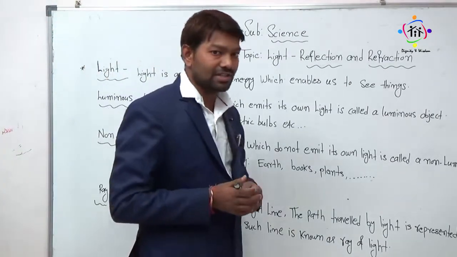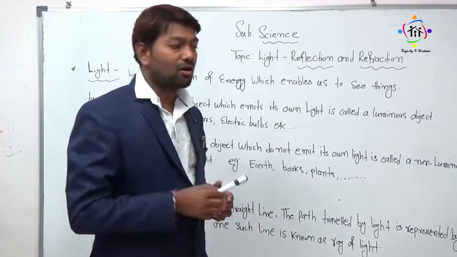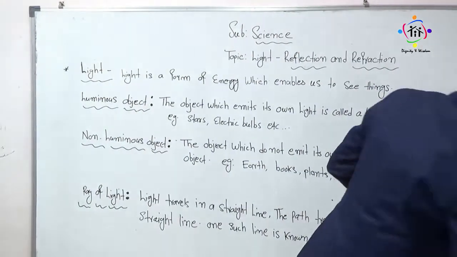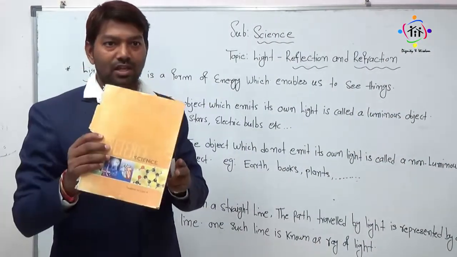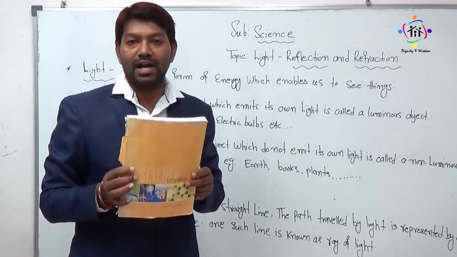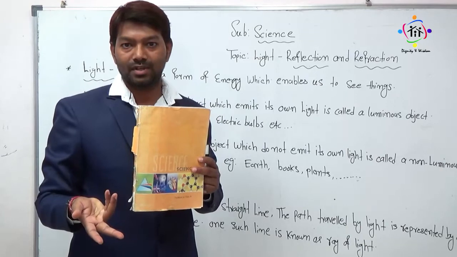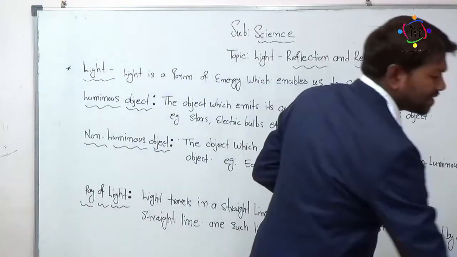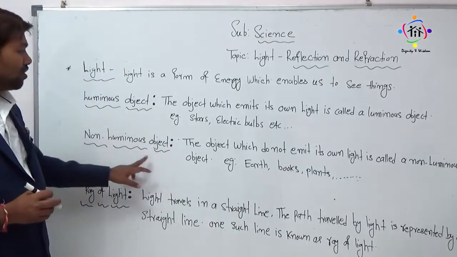If I take the example of this pen, it does not emit light. Or I can take the example of your own textbook. This textbook is a non-luminous object. Why? Because this object does not emit light. So it's very simple to understand what is a luminous object and what is a non-luminous object.